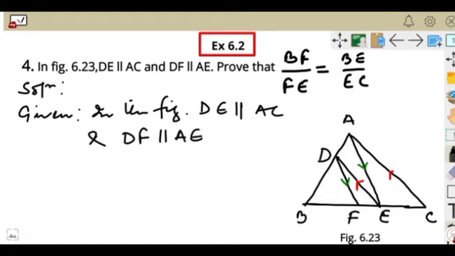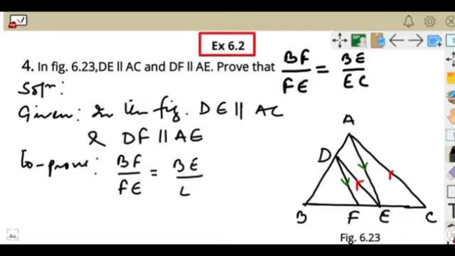This is the given. What we have to prove? I'll write here, to prove: BF divided by FE equals BE divided by EC. Next we have the procedure.